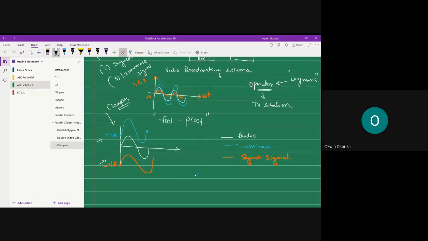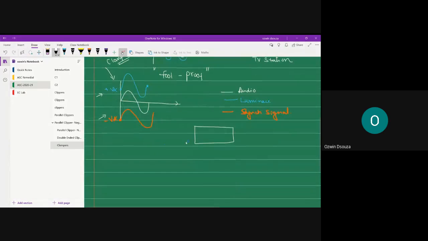As of now, you can assume the clamper as a black box. This is your clamper.